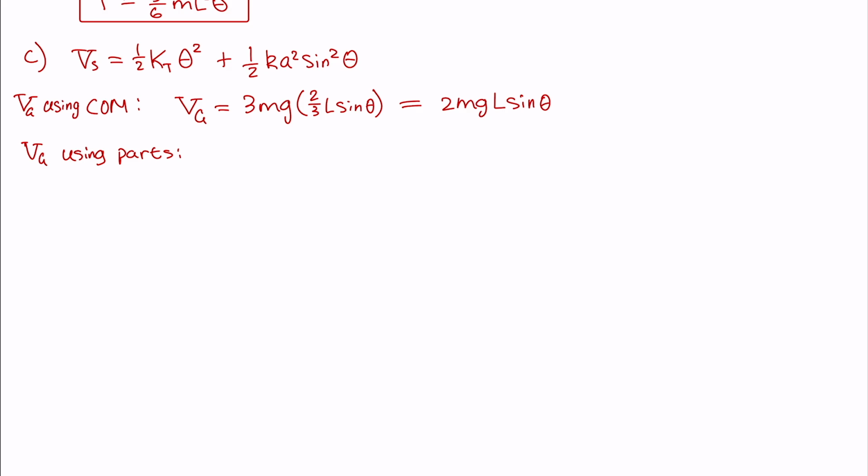In this case, for the rod, we're going to have the mass of 2m times g, and then the vertical displacement of center of mass is going to be L over 2 sine theta, and then for the point mass, it just has a mass of m, so m times g, and then its vertical displacement is L sine theta.